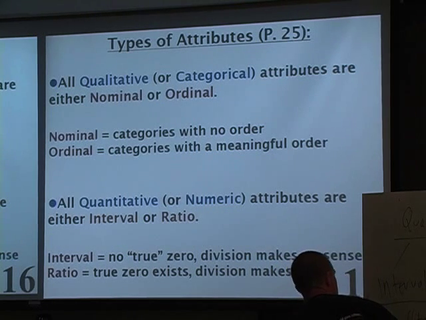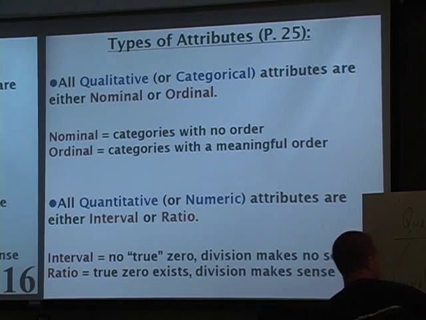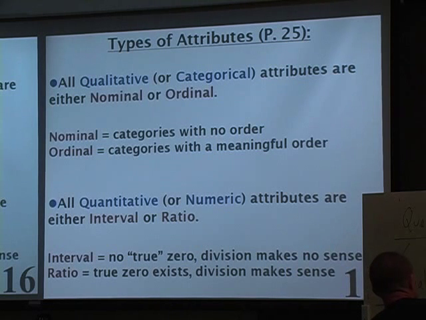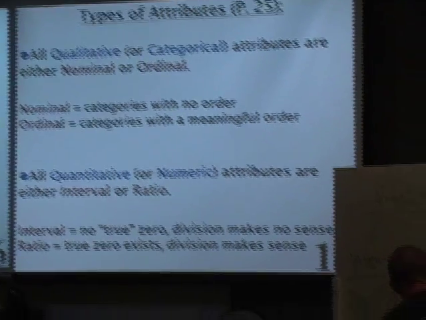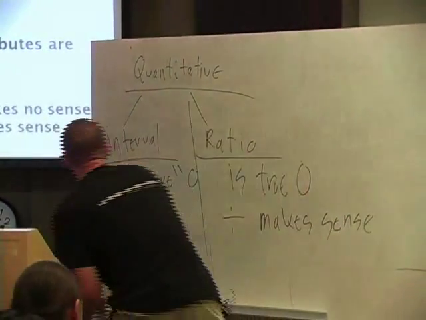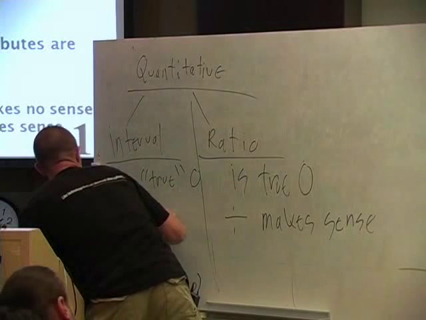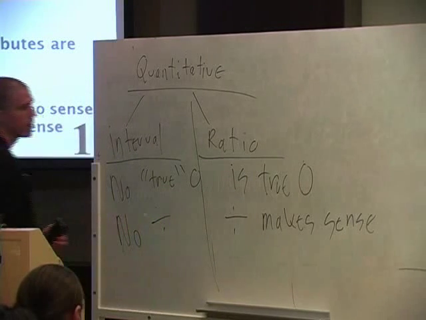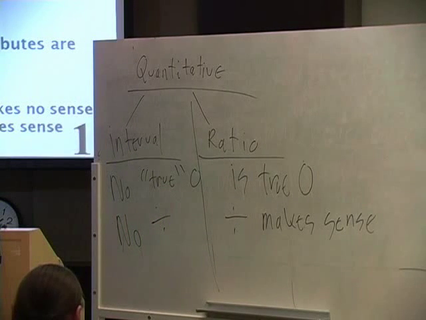There might be a zero, but there's no true zero, versus ratio, where there is a true zero and you can do division. Division makes sense, whereas on the interval side, division doesn't make sense. It's like if someone says there's a 10% increase in temperature. Does that really make sense?